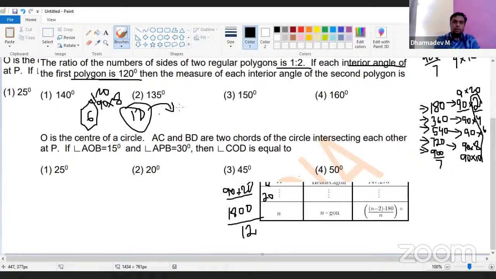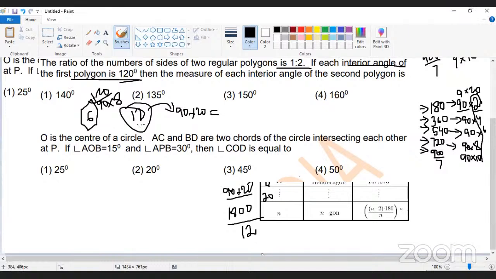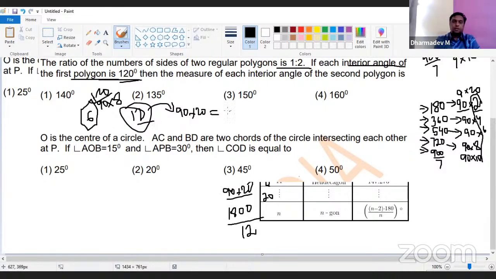When I say 12, it will be 90 times 20, divided by 12. For this, I'm getting 120, which is already given in the question. So for 12 sides, that will be 150. That is 1800 divided by 12. Are you clear with that? Are you getting it? Yes. Okay, done. So next one.